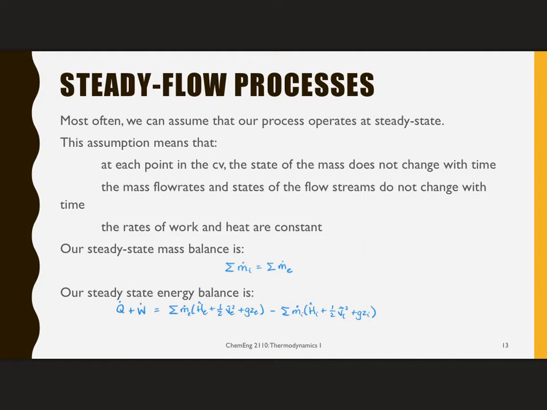And our energy balance for a steady flow process with no accumulation is that the rate of heat transfer plus the shaft work, or the power, W dot, is equal to the sum of the total flow energy out minus the sum of the total flow energy in. Now that flow energy is enthalpy plus 1/2 the velocity squared plus g z. So that's our internal energy, kinetic energy, and potential energy, plus the PV work that makes the flow happen.